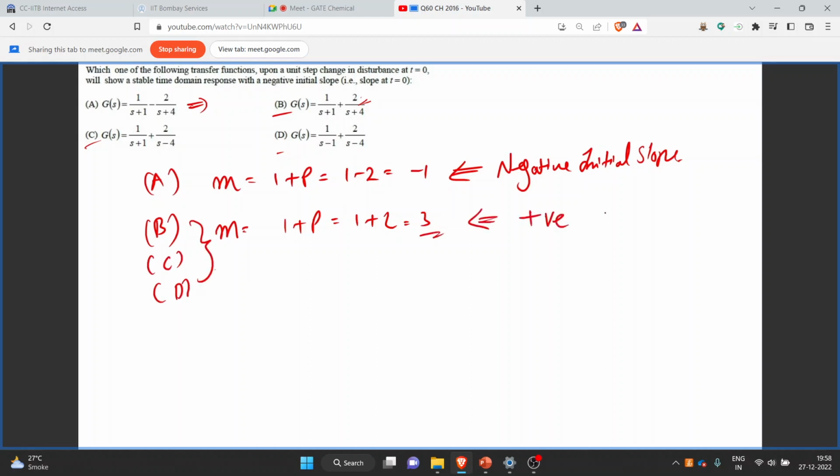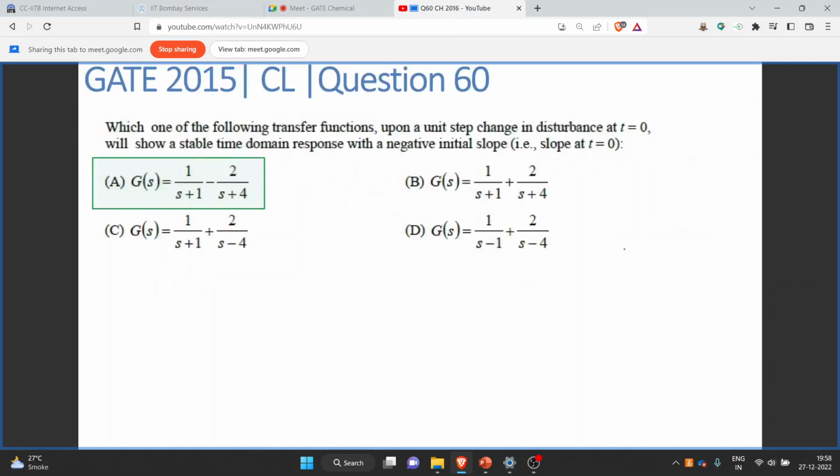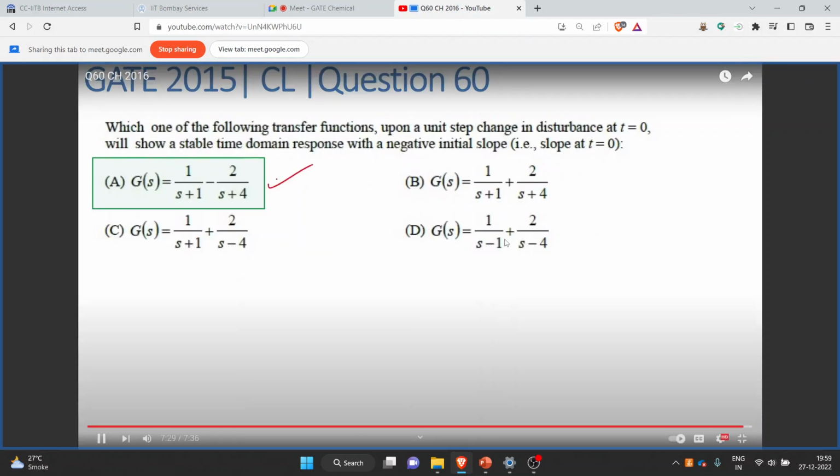That is a positive initial slope. And in the given question, we have to find the transfer function which gives a negative initial slope. That is the first transfer function, option A, which will be the final answer. So from the given options, we can select option A as the correct one.